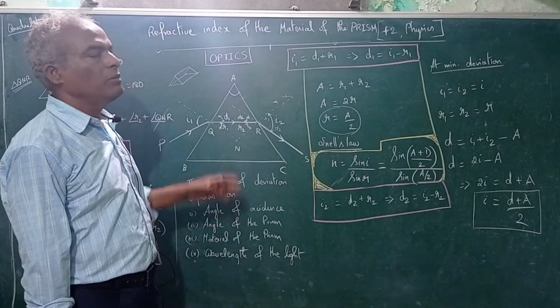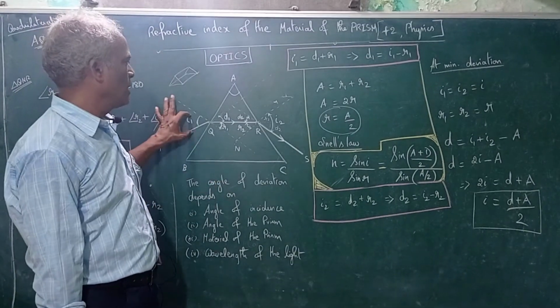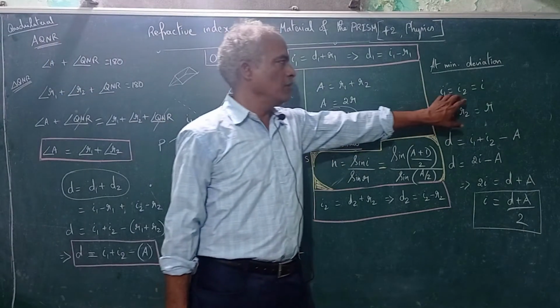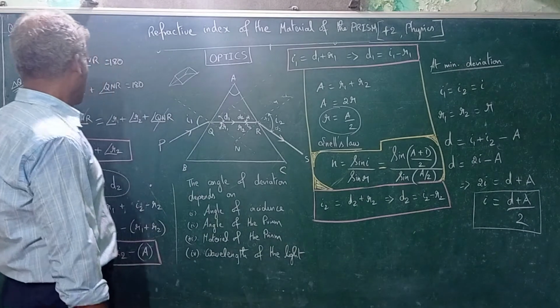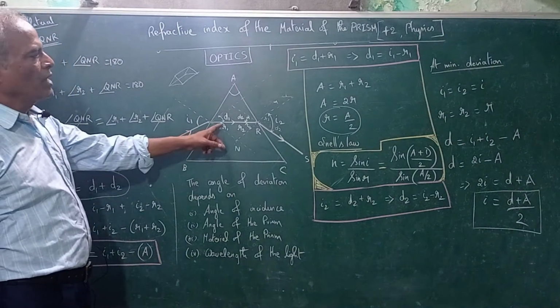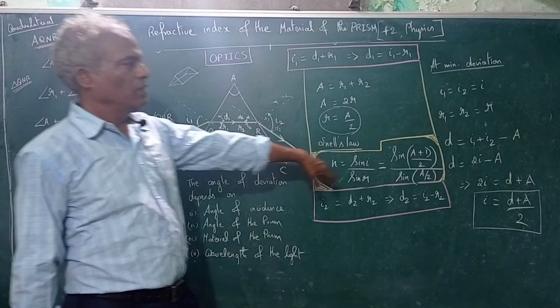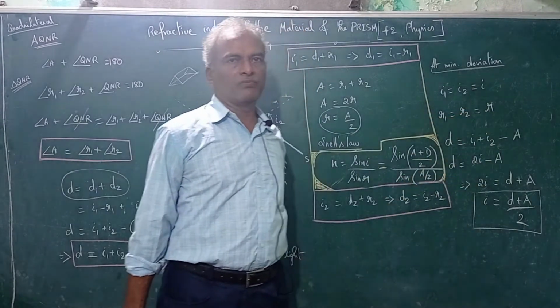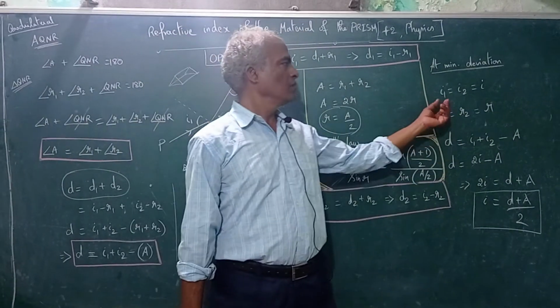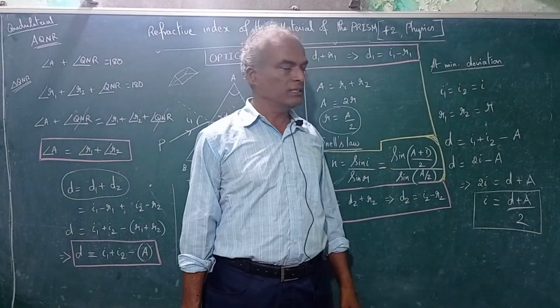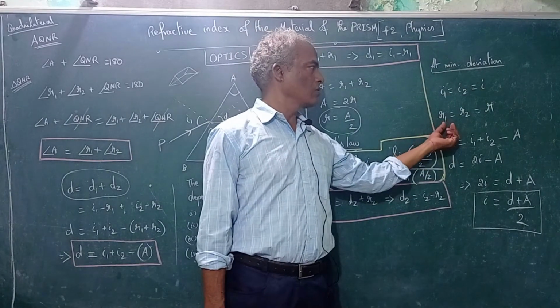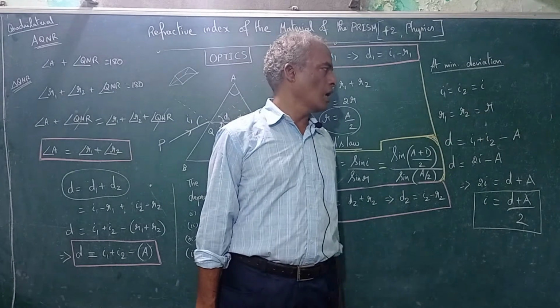So at minimum deviation, I1 and I2, let it be equal to I, and similarly R1 and R2, let it be equal to R. So at minimum deviation, I1 is equal to I2 is equal to I, that is one case, and the second case is R1 is equal to R2 is equal to R.